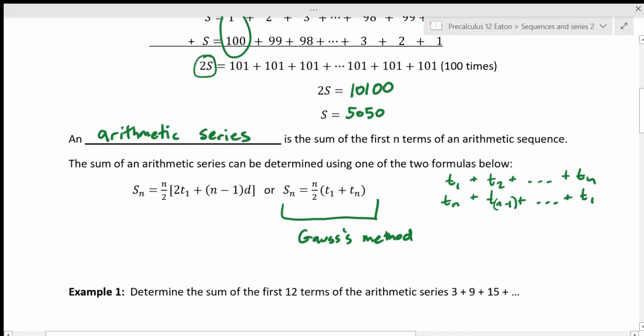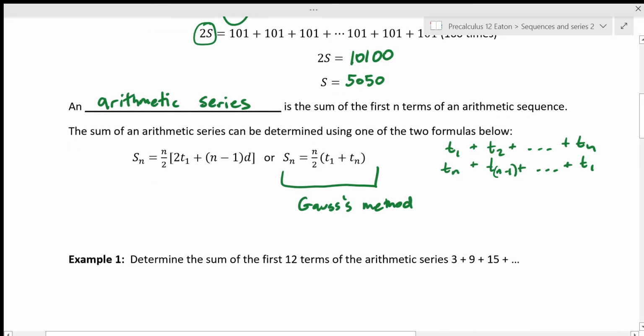S sub n, the first formula, essentially is the same as the second formula, just instead of writing T sub n, we use our original formula. Remember, our formula for T sub n equals T1 plus n minus 1 times d.